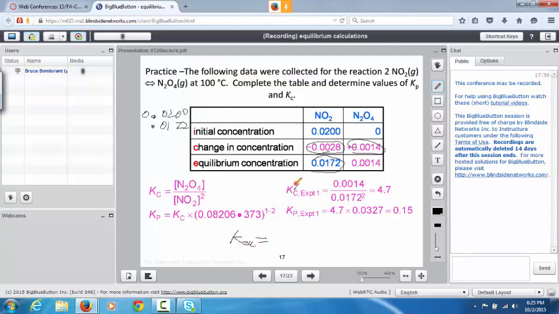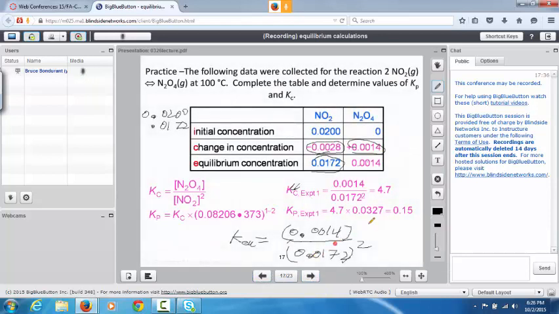So we could write the KEQ. Kc means concentration as opposed to pressure. I'm not going to worry about the pressure because we haven't really covered that yet. Kc is going to be 0.0014, that's the product, over 0.0172 to the second power.